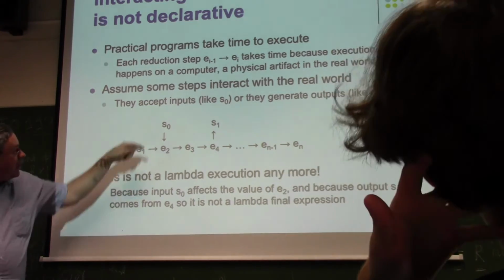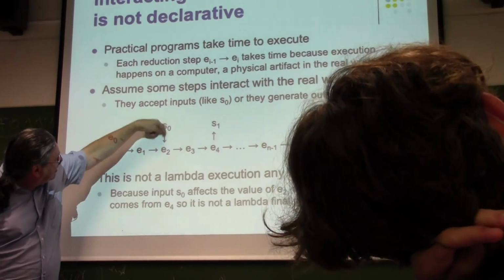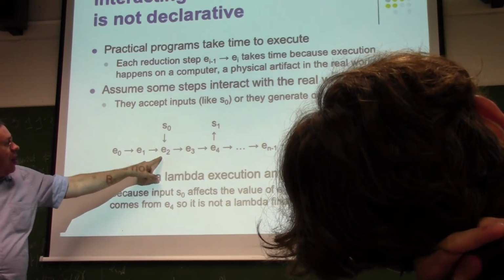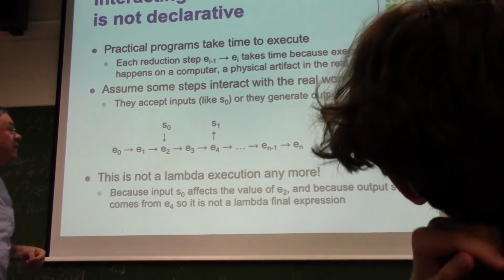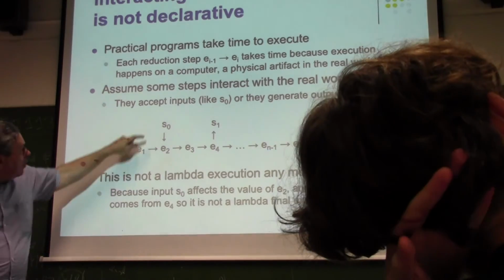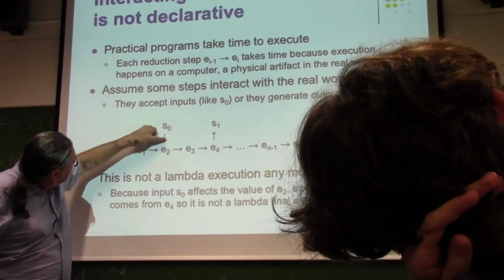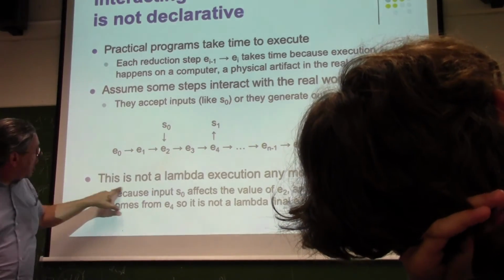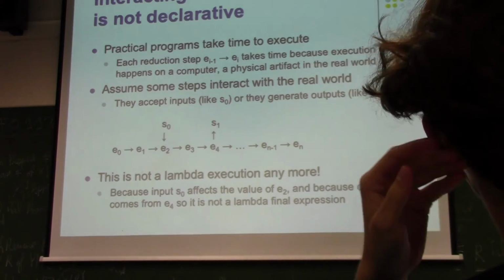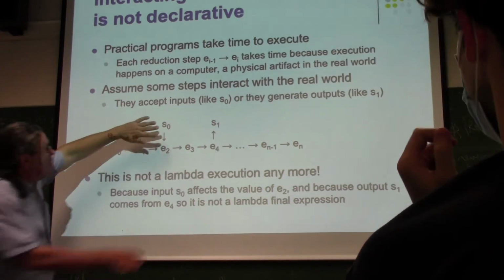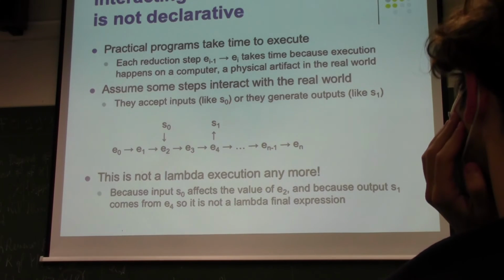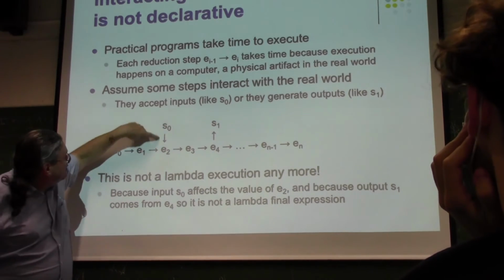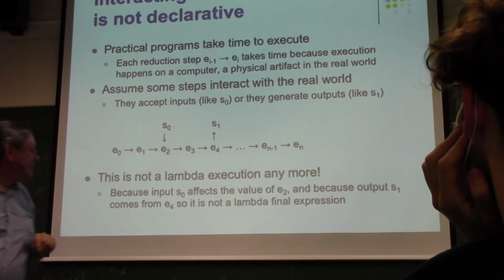So if I type something, I'm putting in information here. S0 is going in. Or if it's displaying something on the screen, information is coming out during the execution. Well, this S0 and S1 is not lambda anymore, because lambda does not allow that, okay? Lambda is only that. So if I want confluence, I'm not allowed to do this or that.